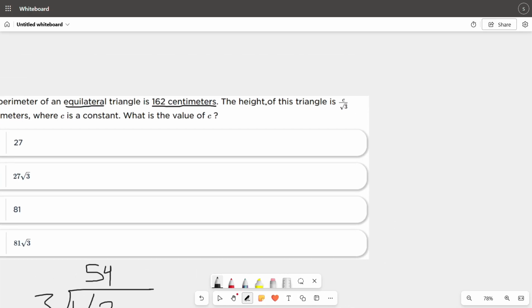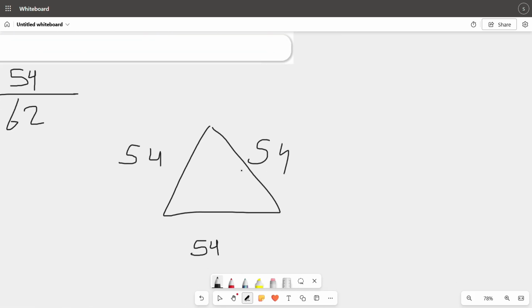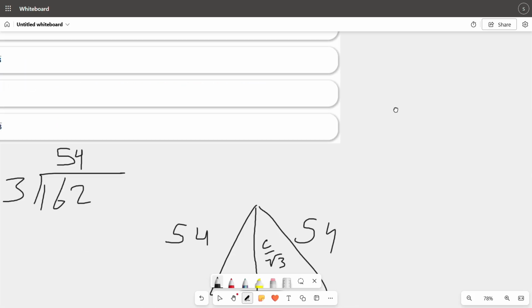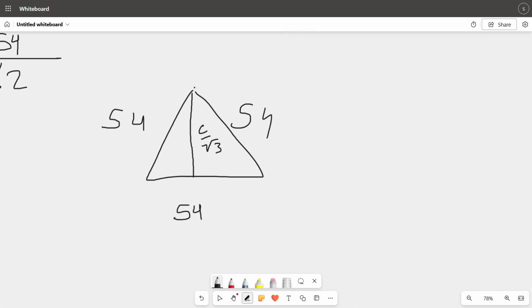So we also know that the height of this triangle is c over square root 3. So we can draw that in. And it's asking us what is the value of c. Okay, so as we see, since we have the height, we can make this big triangle into 2 small triangles, and we could take one of these triangles and use the Pythagorean theorem, a squared plus b squared equals c squared, and put that in.